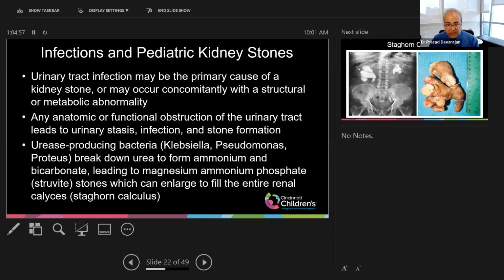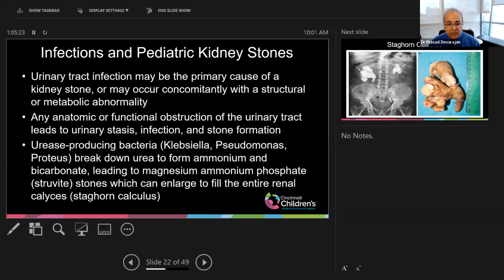And the problem with these stones is they can enlarge to fill the entire kidney, and that's called the staghorn calculus. So these specific bacteria, Pseudomonas, Klebsiella, Proteus, can lead to staghorn calculi, but the usual bacteria like E. coli usually lead to smaller kidney stones.